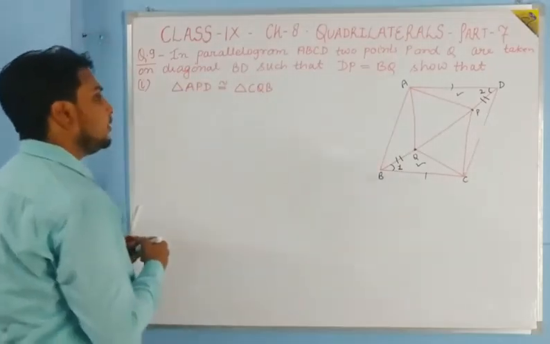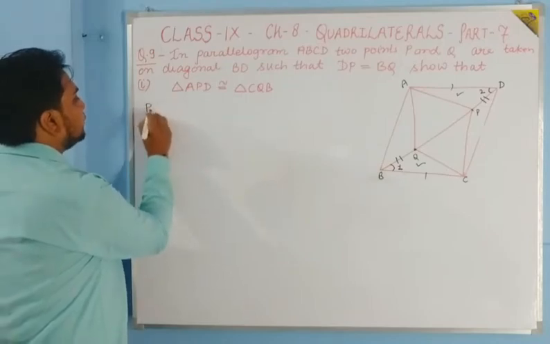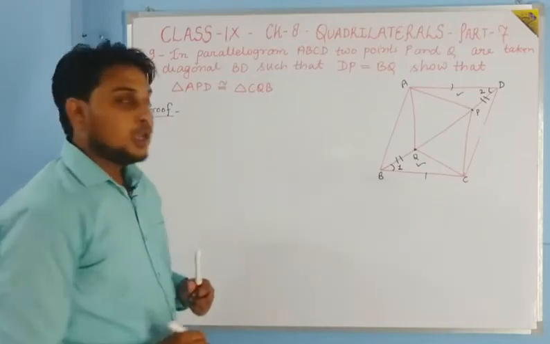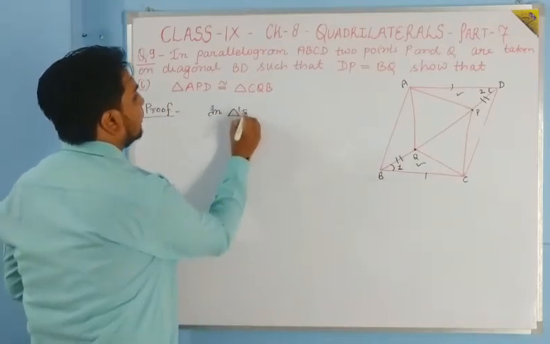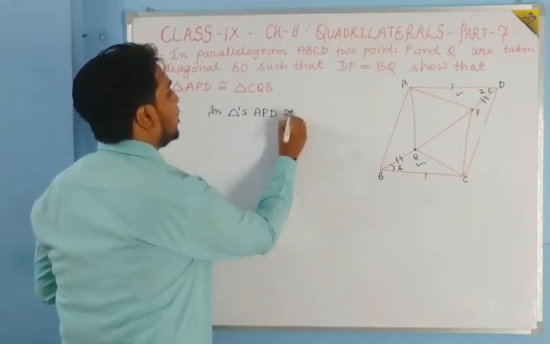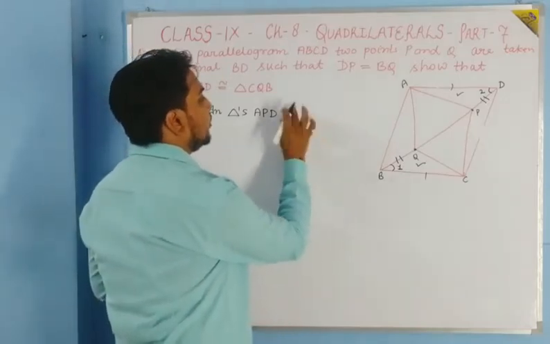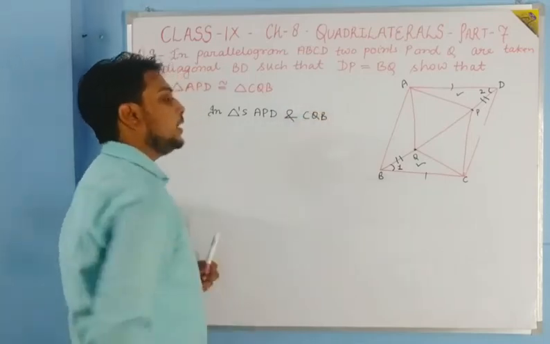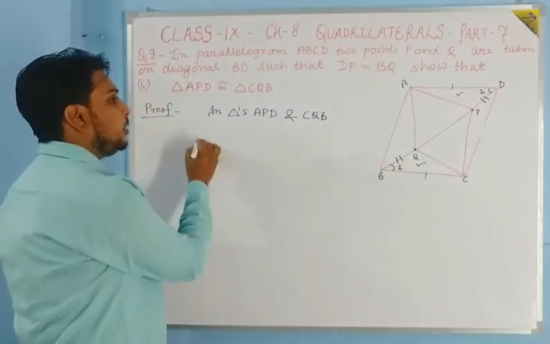Okay, now how will we write it? So let us see the proof of the first part. See students, firstly we'll write that in triangles APD, which is to be shown congruent, and triangle CQB, in these two triangles, by which criteria are we going to prove it?